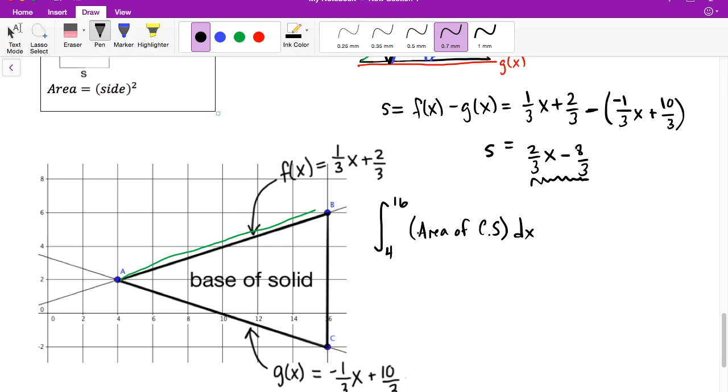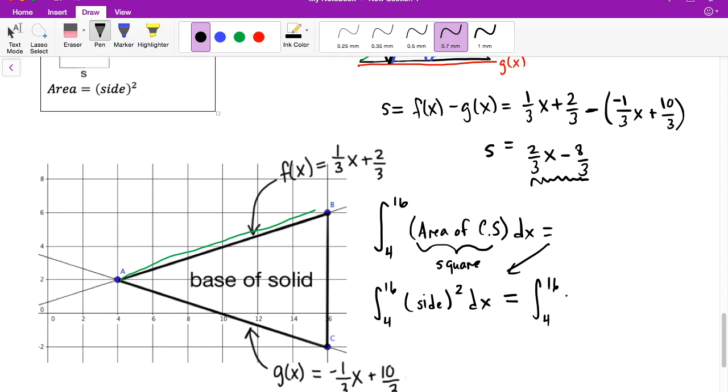And we want the area of the cross section dx, and we know the shape of the cross section is a square. So that would be the integral from 4 to 16 of side squared dx.